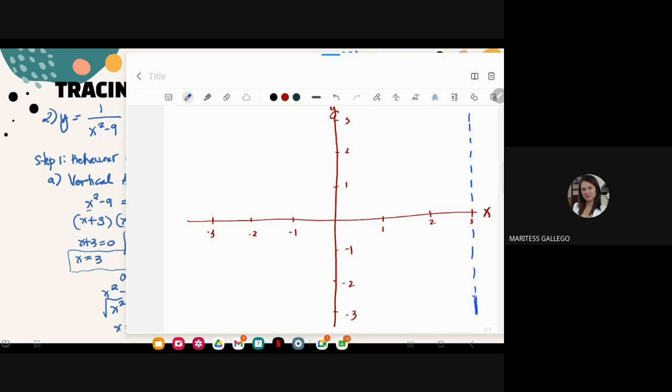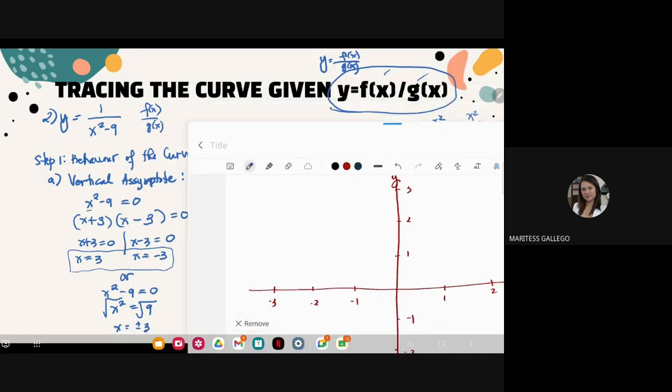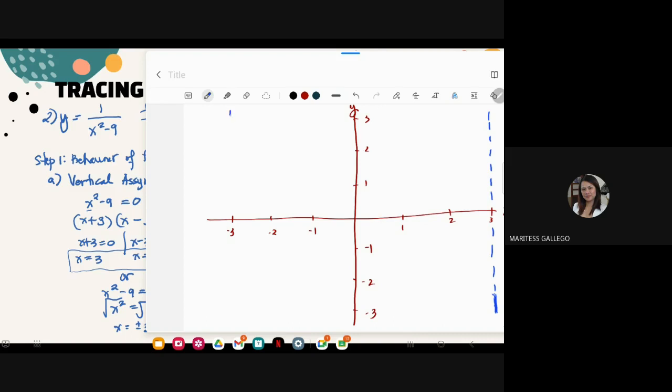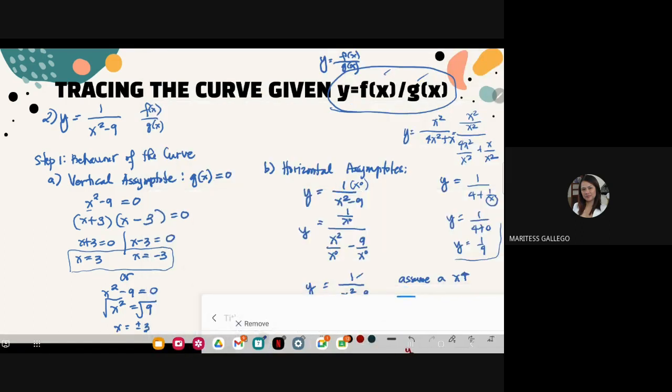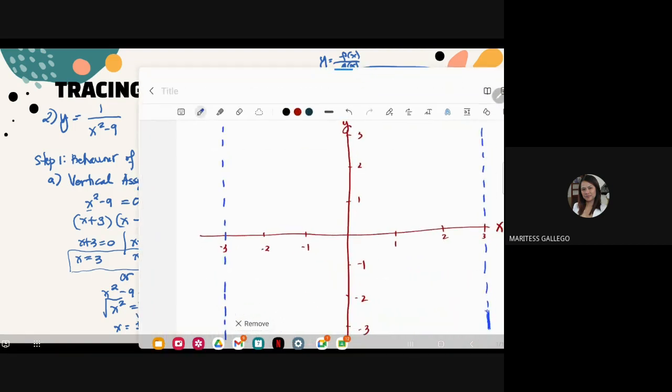And then, yung isang asymptote, x is equal to negative 3. Kaya vertical. Vertical asymptote. Next one is the horizontal asymptote, y is equal to 0. So your horizontal asymptote, y is equal to 0, it's just your x-axis.